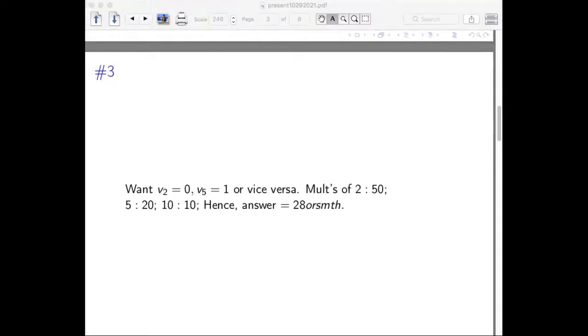After some arithmetic, I think it turns out to be 28 or something.